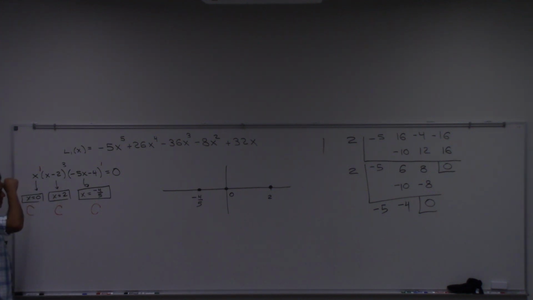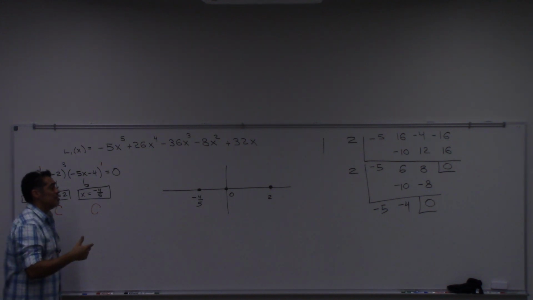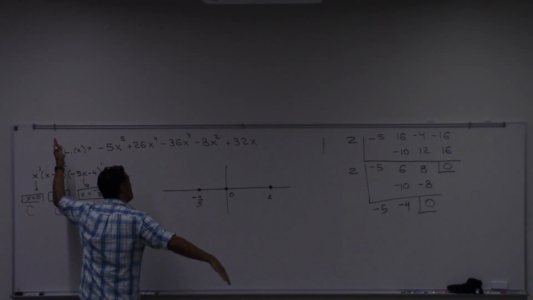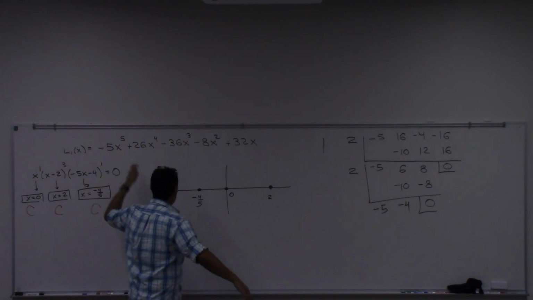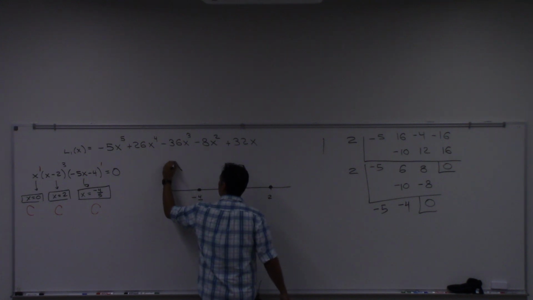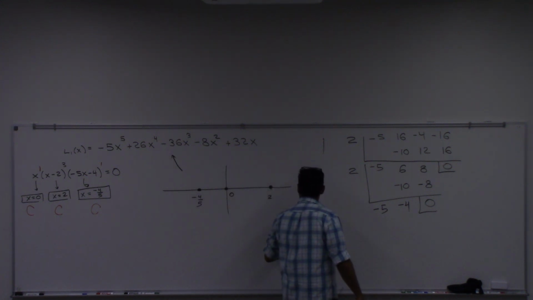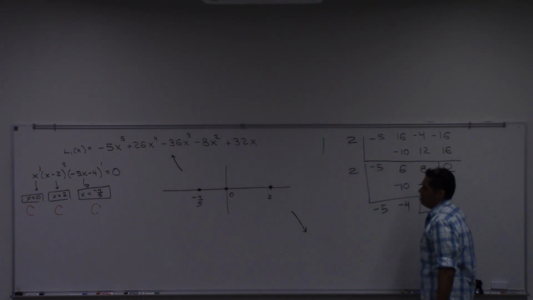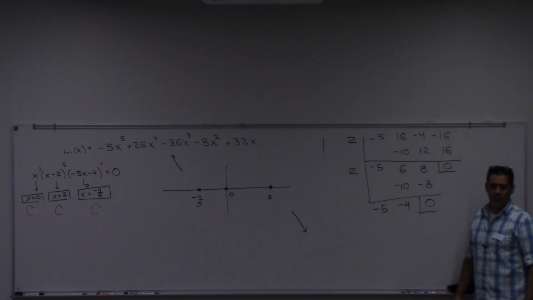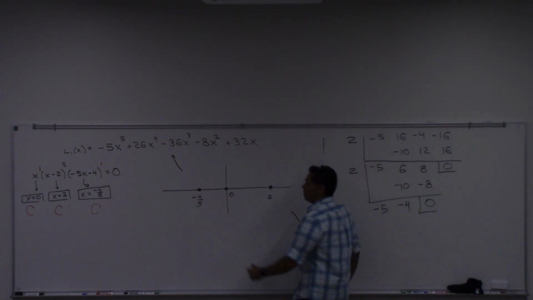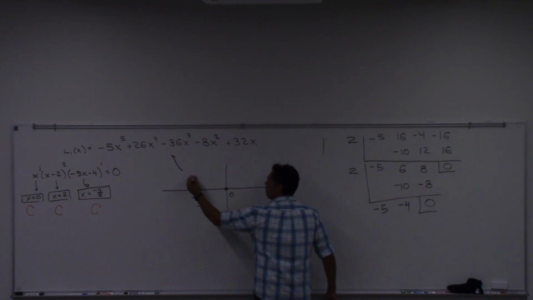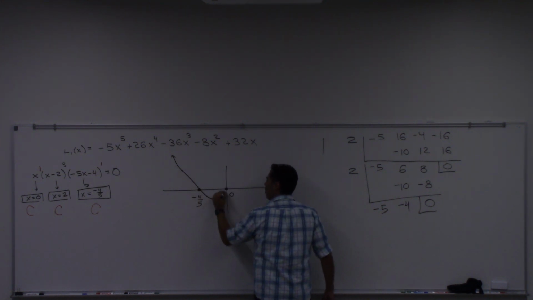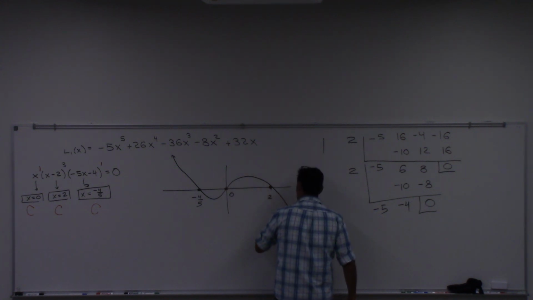Once I have my x-intercepts, I go back and remember what my leading coefficient told me, which was up on the left, down on the right. And I'm crossing through all of them. So I'm going to come down, cross through, cross through, cross through.